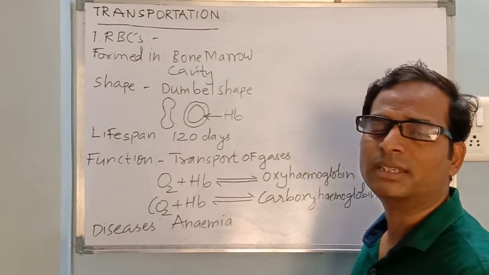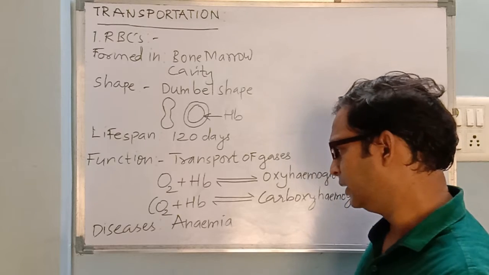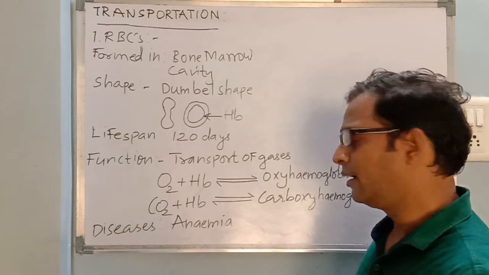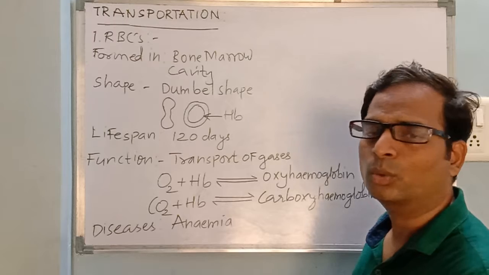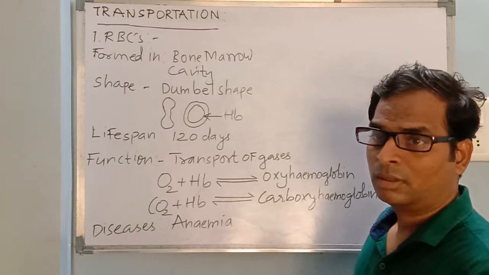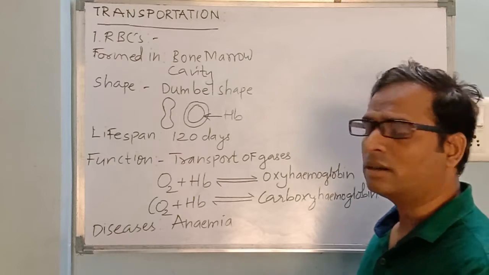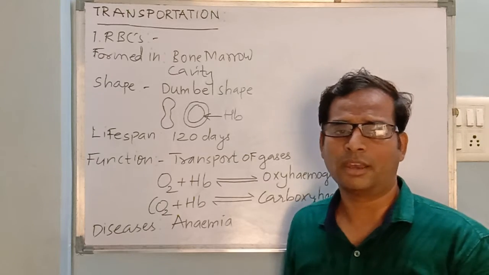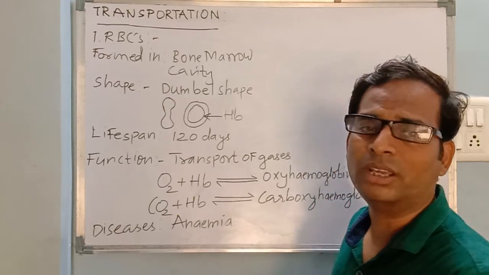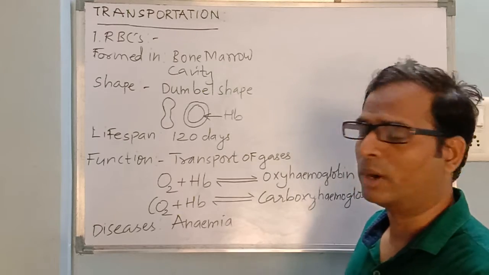Sometimes the number of RBCs increases also. For example, people who live in hilly belt areas or at altitudes have more RBCs than the people who live in the seashore region. Why so?